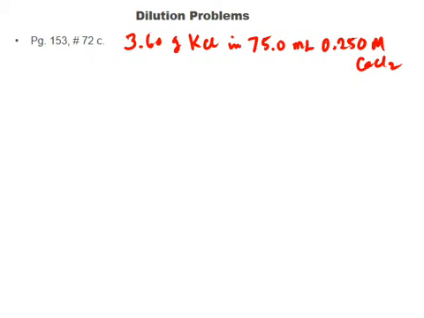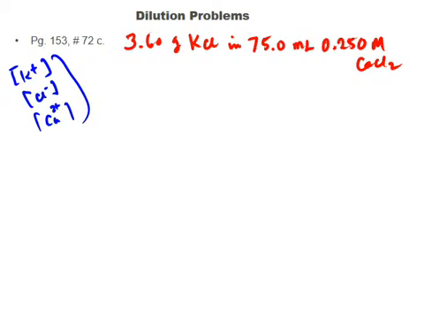So basically you're adding 3.60 gram of solid potassium chloride in 75 ml of 0.250 molar calcium chloride solution. Now you need to find out the concentration of each ion in this solution. So basically they're asking for the concentration of K plus, concentration of Cl minus, and concentration of calcium 2 plus. So these are what we need to calculate.